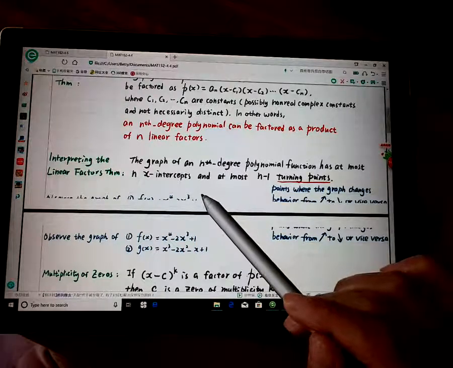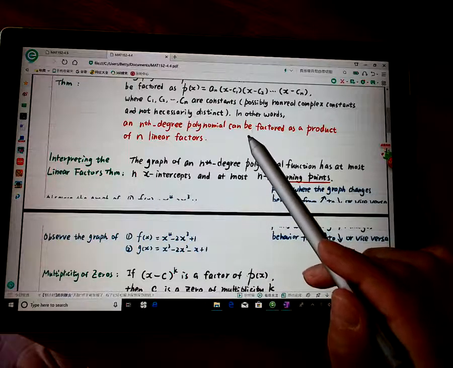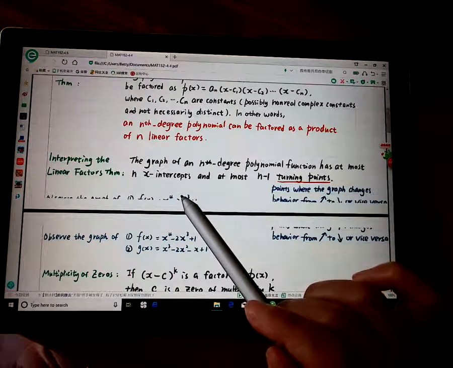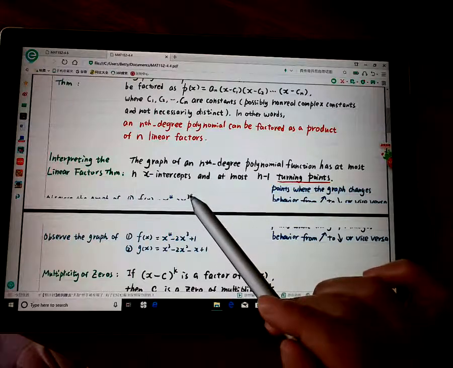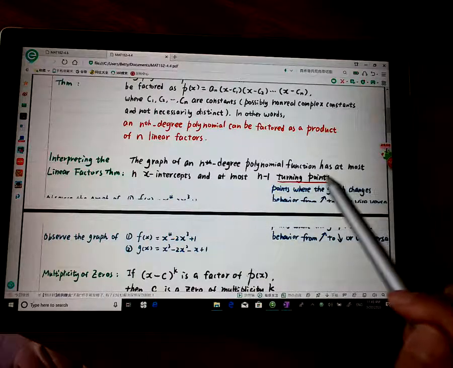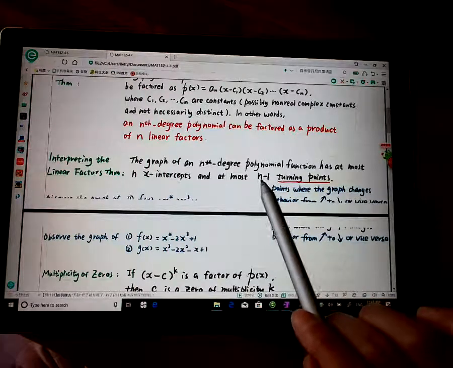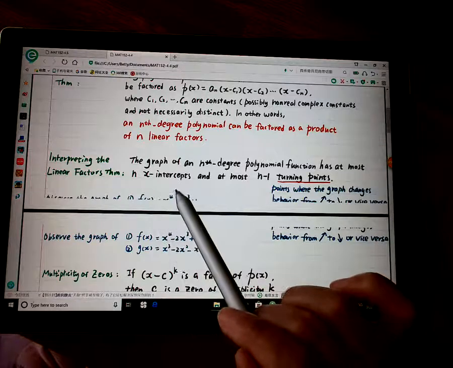However, as we have mentioned earlier, the n zeros do not have to be all real, and do not have to be all distinct. So the conclusion is, for any polynomial function with degree n, it has at most n x-intercepts.